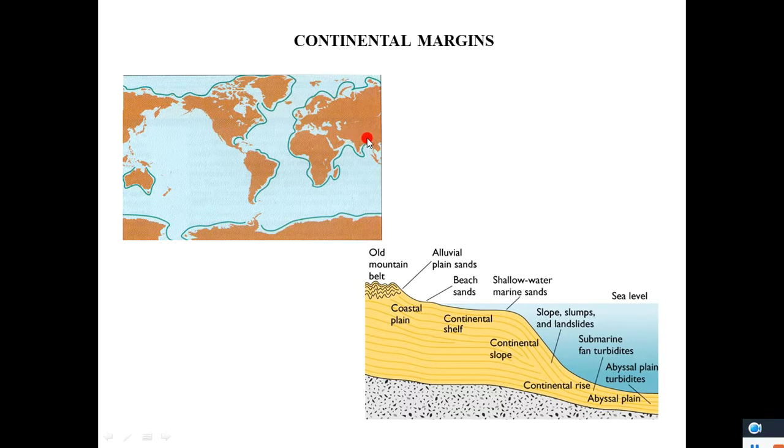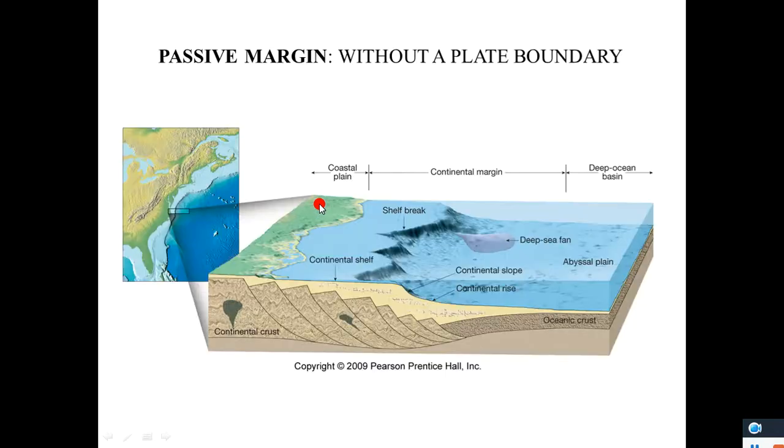So this used to be active margin some time back, around 65 Ma. Okay, and much before that, when India was part of Gondwana, then the northern margin of the Indian subcontinent used to be a passive margin.